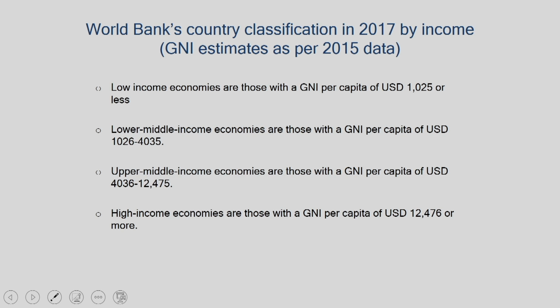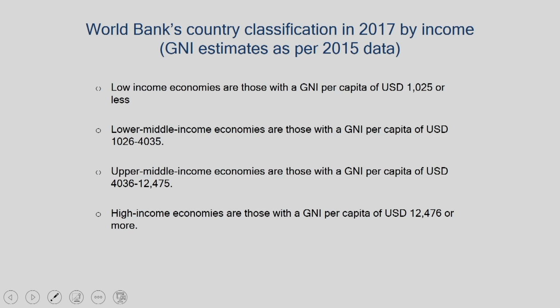Now, note here that although these categorizations of incomes are made, there are huge disparities within these country classifications as well. However, that is not what we are discussing now. The low income economies are those which have a GNI per capita of USD 1025 or less.